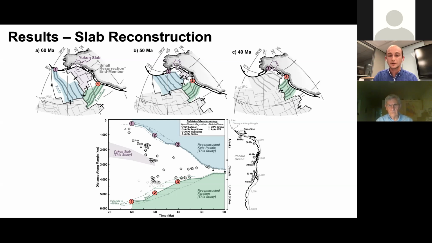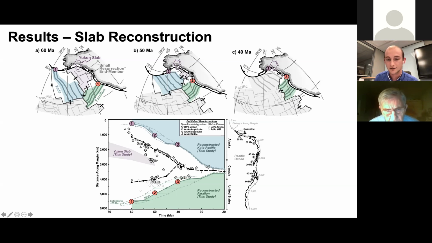So this leads us to the interpretation of the gap between our three reconstructed plates representing thermal erosion about two mid-ocean ridges which were subducted below Western North America. And that's what's represented by these black dashed lines here. So we have two reconstruction gaps at 60 to around 50 Ma, which then merge going forward in time.